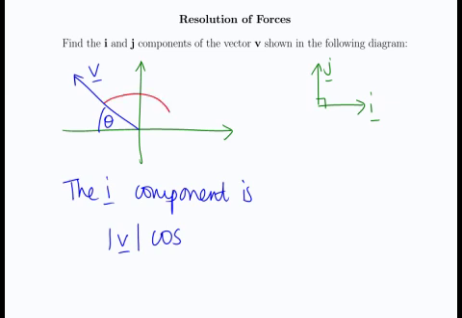In our case, we have to swing the vector v all the way round through an angle of pi minus theta to have it pointing in the same direction as i. So I put pi minus theta in that bracket here, and that is an expression for the i component of v.